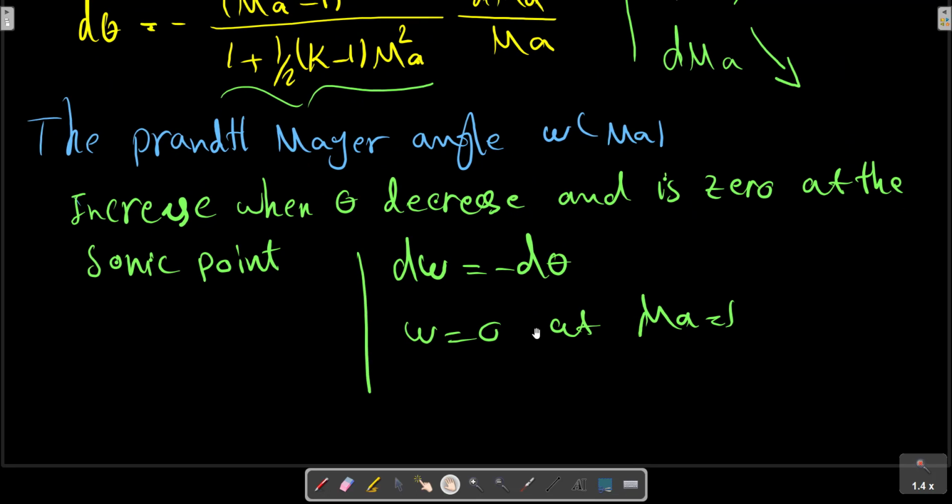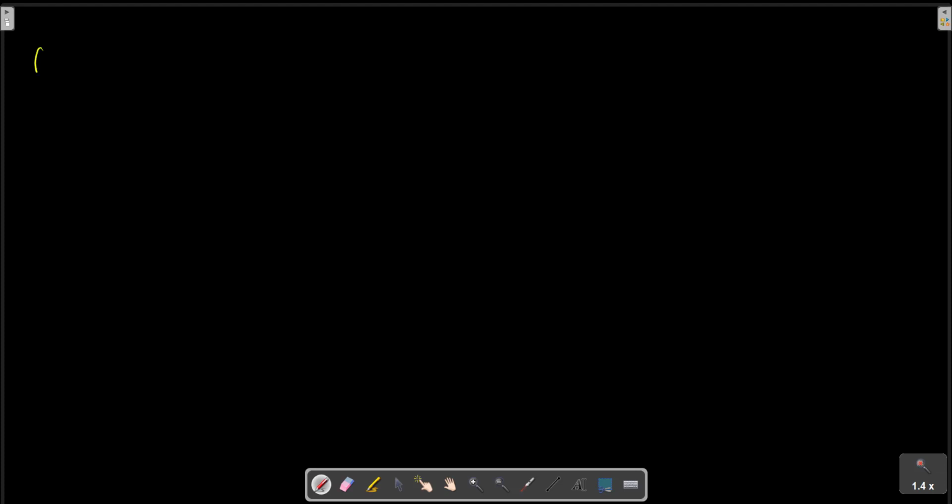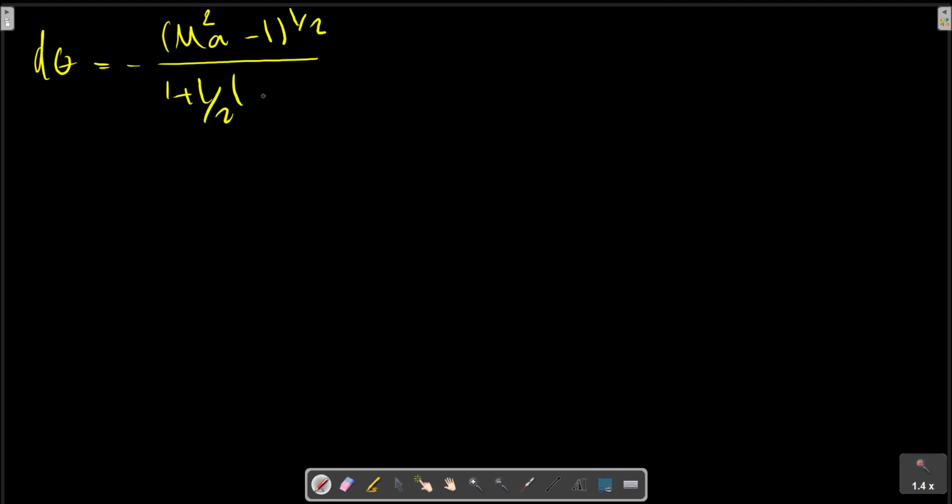Thus, we can integrate the d theta relation as stated here to obtain d theta equals this relation in dM on the Mach number.